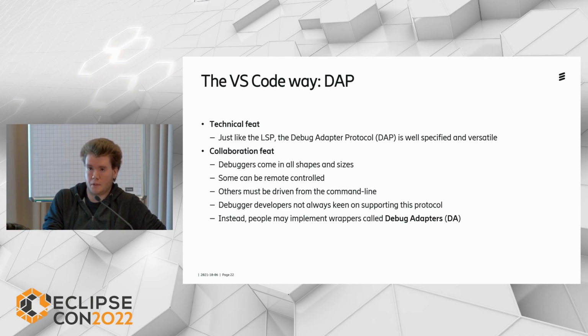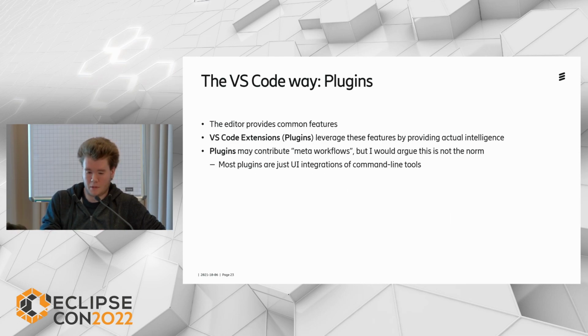But the approach that VS Code took is much more pragmatic, saying, all right, what we are going to do is this generic protocol where people can write a wrapper around those debuggers that have very nice interactive interfaces, but that are not compatible with VS Code, right? So again, people outside of Microsoft and outside of the IDE community could focus on just implementing those things.